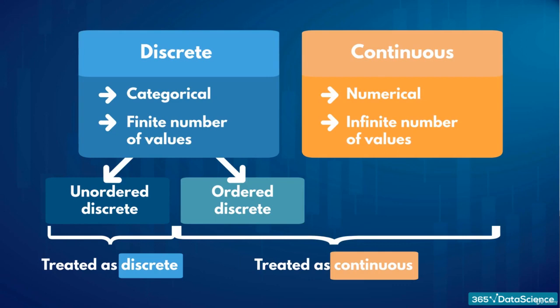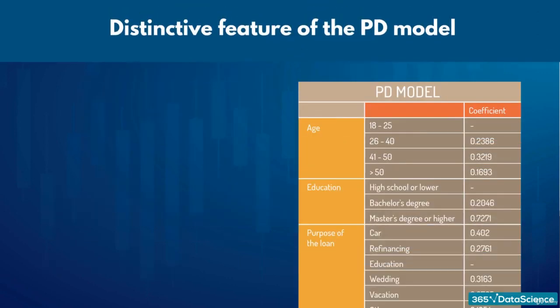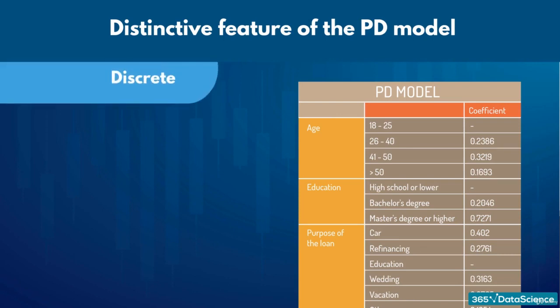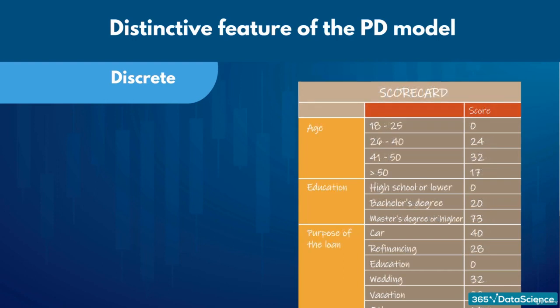so don't worry. Okay, a distinctive feature of the PD model is that all of its independent variables have to be categorical. The reason is that it is much easier to present the model in a simplified form and turn it into a scorecard if we have only categorical variables as predictors, rather than having both categorical and continuous variables.